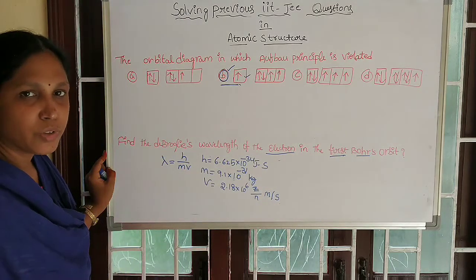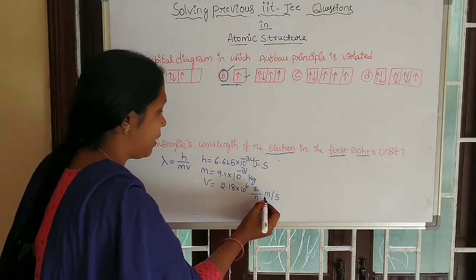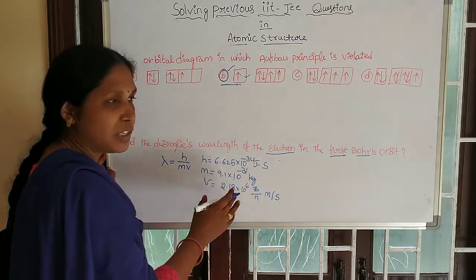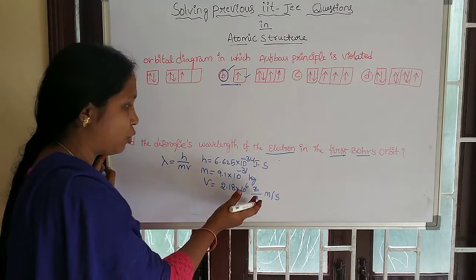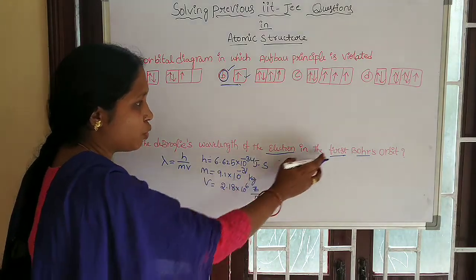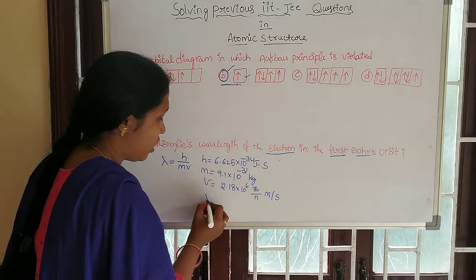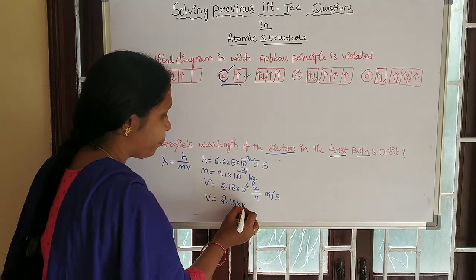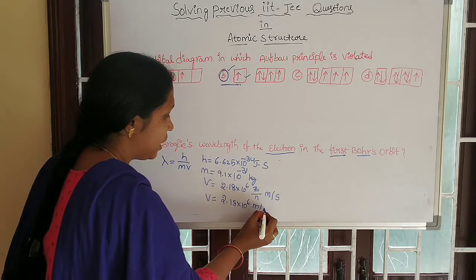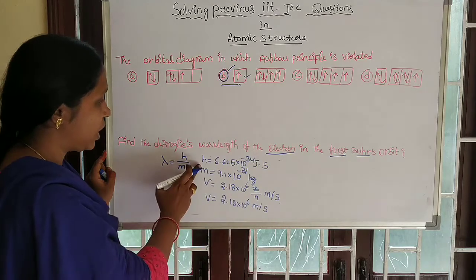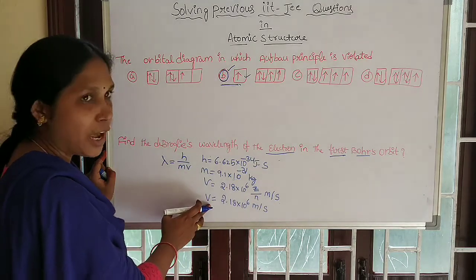Bohr's theory explains hydrogen, so the atomic number is 1, and the electron present in the first Bohr orbit has n equal to 1. So the velocity of the electron is 2.18 into 10 power 6 meter per second.